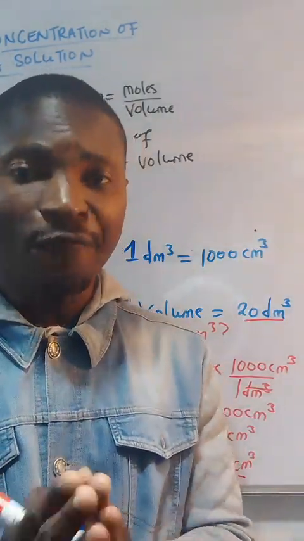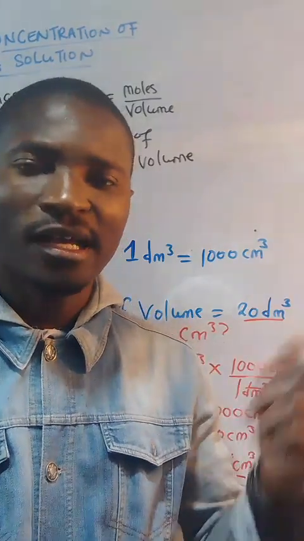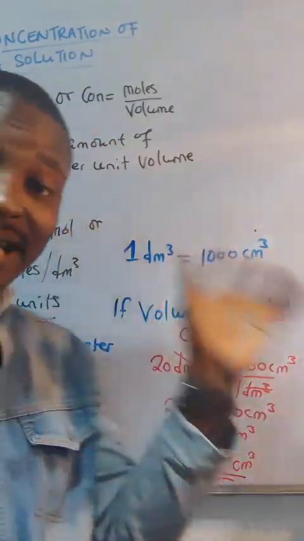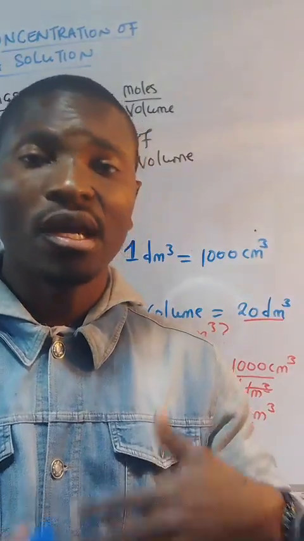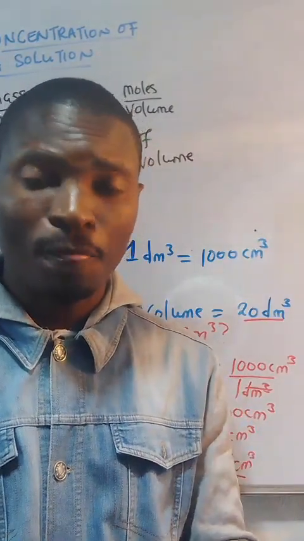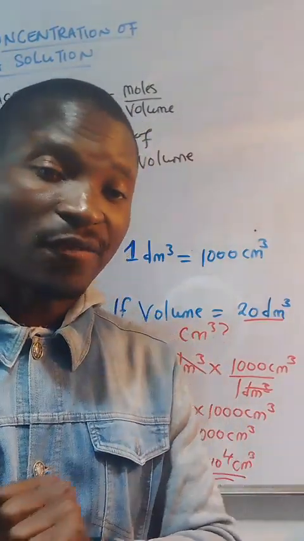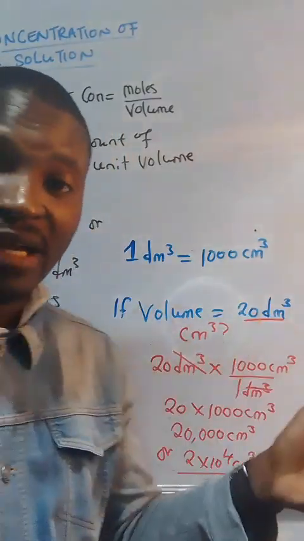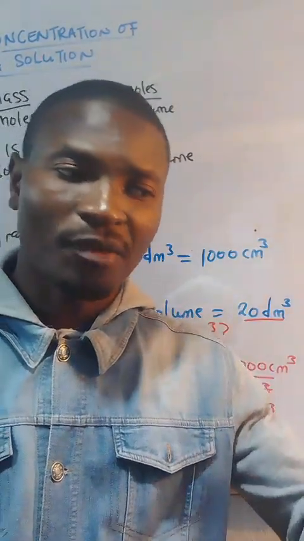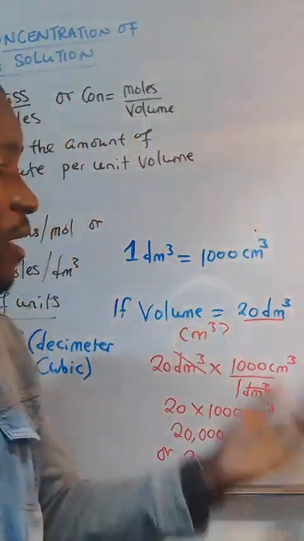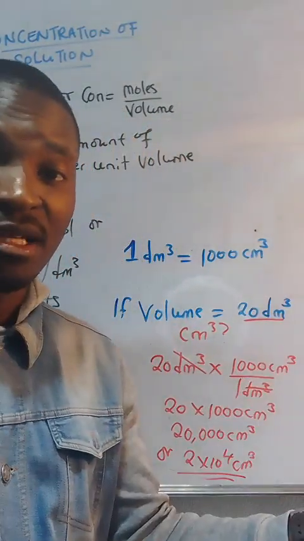We have to ensure that we understand the procedure before we can dive deep into how to find the concentration of a particular substance. Before we dive into that, let's also see how we can convert back from cubic centimeters to decimeter cubed.